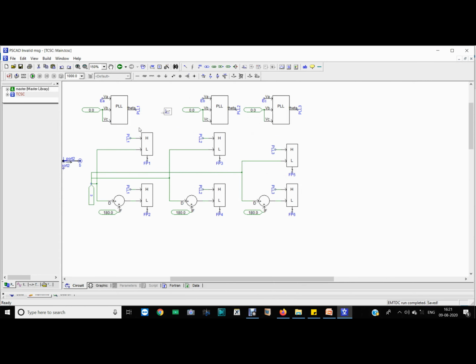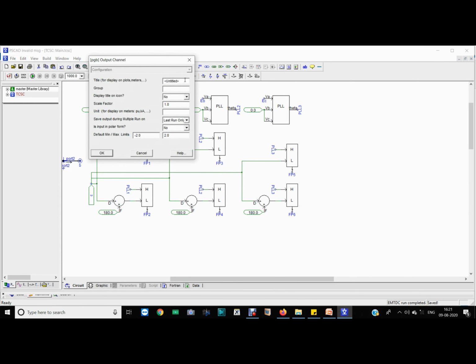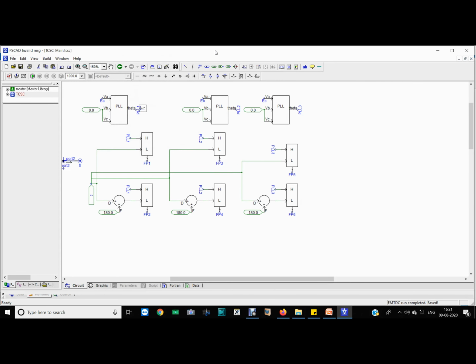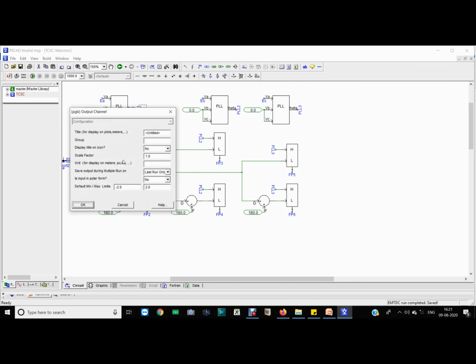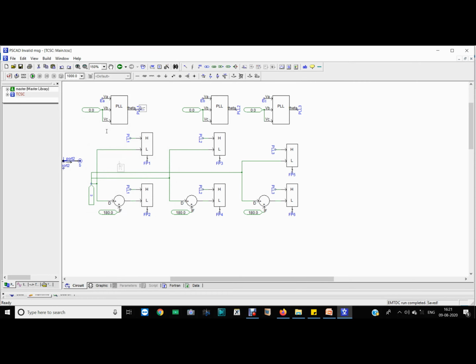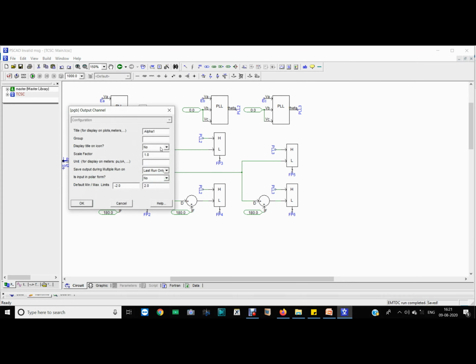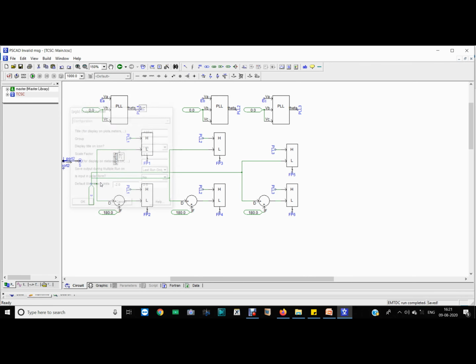Now we need to see the PLL1. Now this is your alpha 1, actually it is alpha. Okay, display it, and just copy it and paste it here.